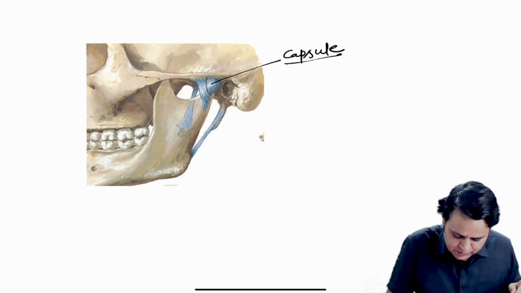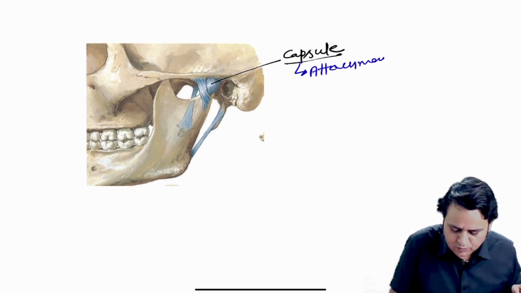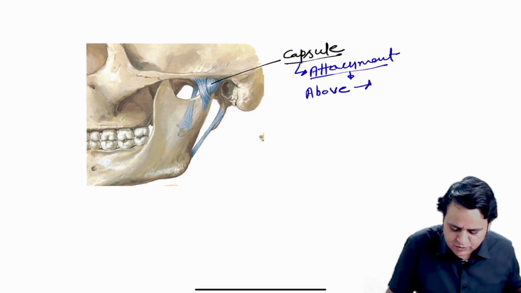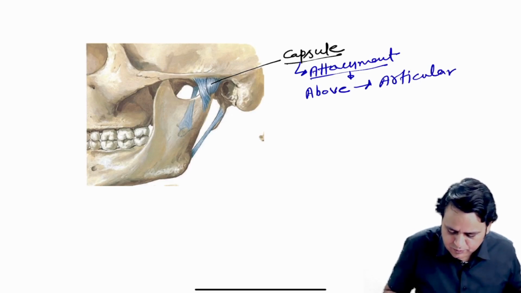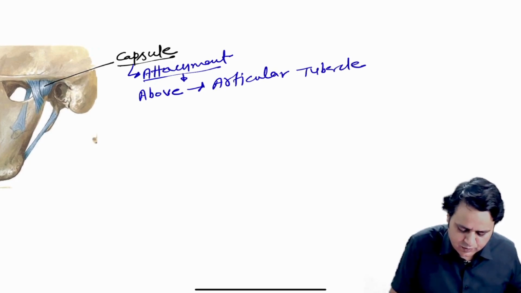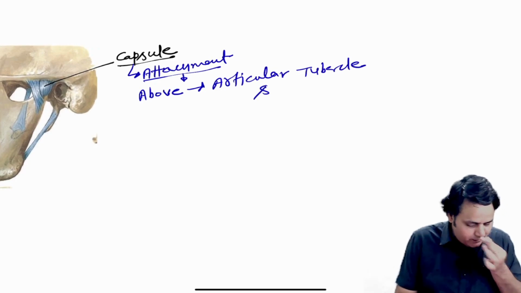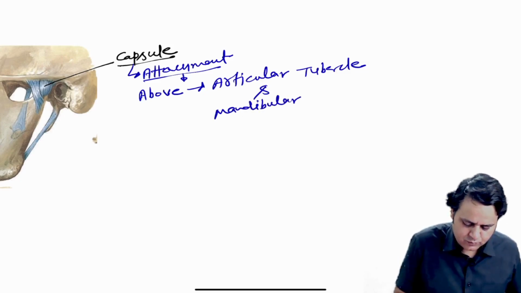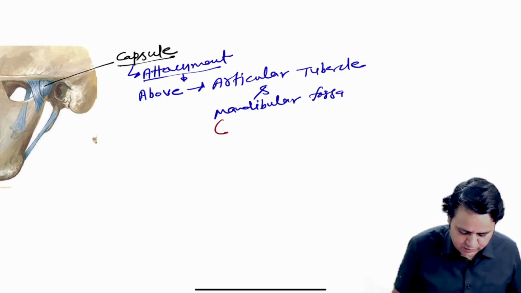It is attached above to the articular tubercle and mandibular fossa. Where in the mandibular fossa?